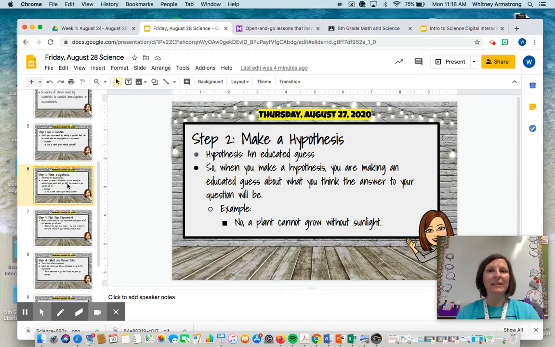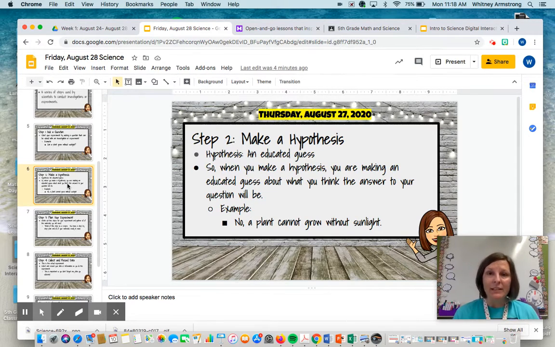Okay? This is not an "you're always going to get it right" thing. Sometimes you make a hypothesis and you're totally wrong, but that's okay. What you do is make an educated guess about what you think the answer to your question will be. For example, in the last one, when I asked, can a plant grow without sunlight?